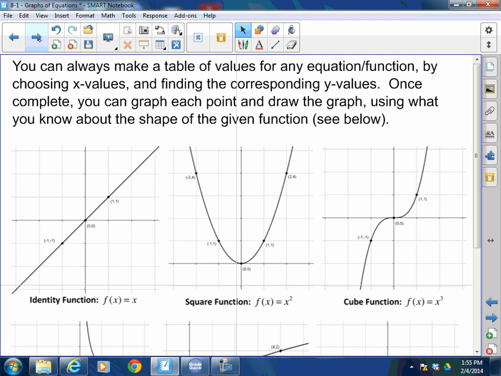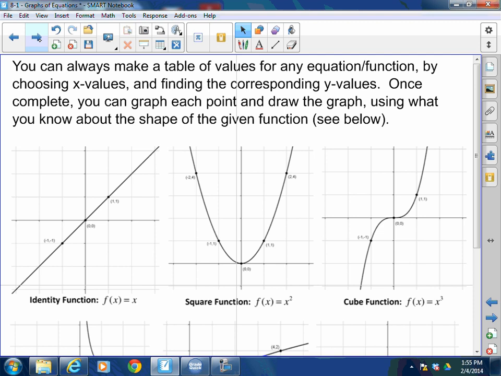And I just want you to understand the following. You can always make a table of values for any equation or function. I don't care what. Always. By choosing x values and finding the corresponding y value. Once complete, you can graph each point and then graph using what you know about the shape of the given function.